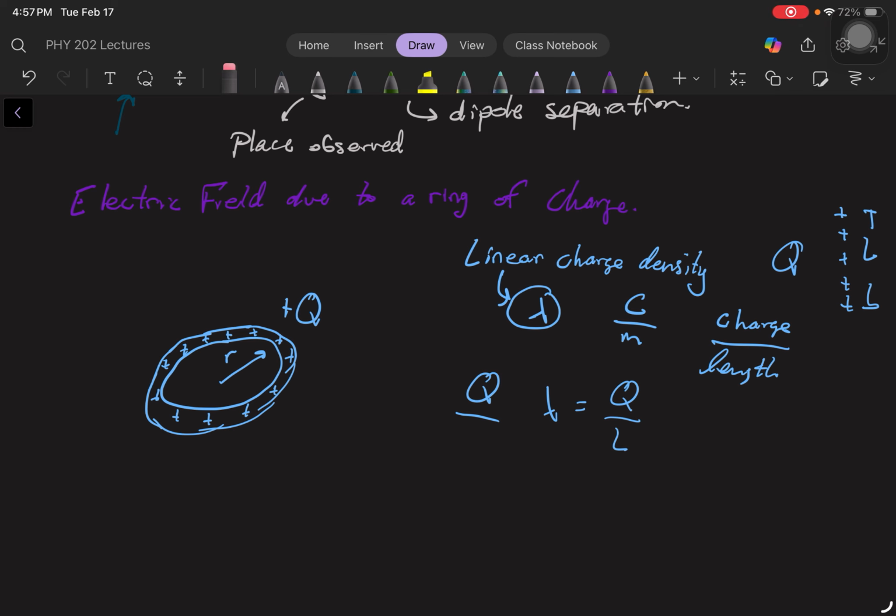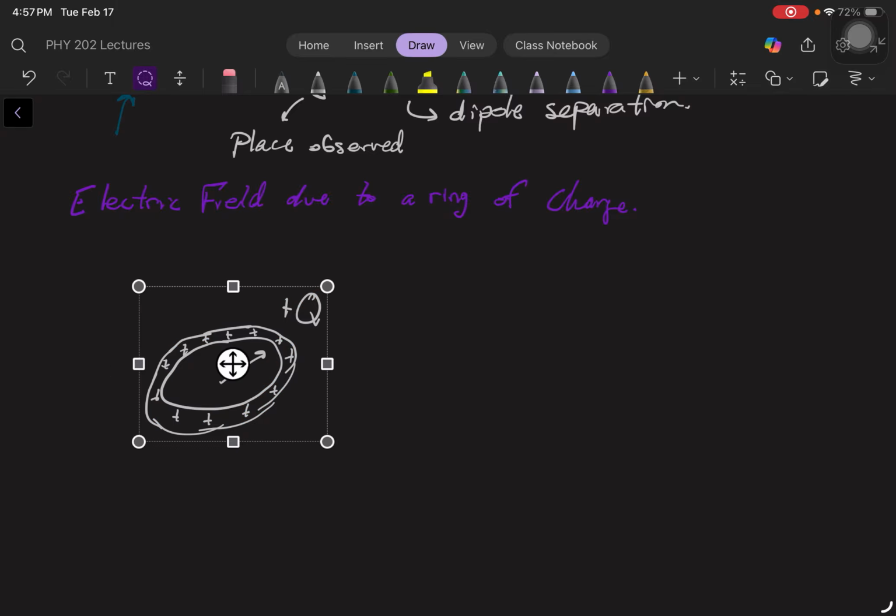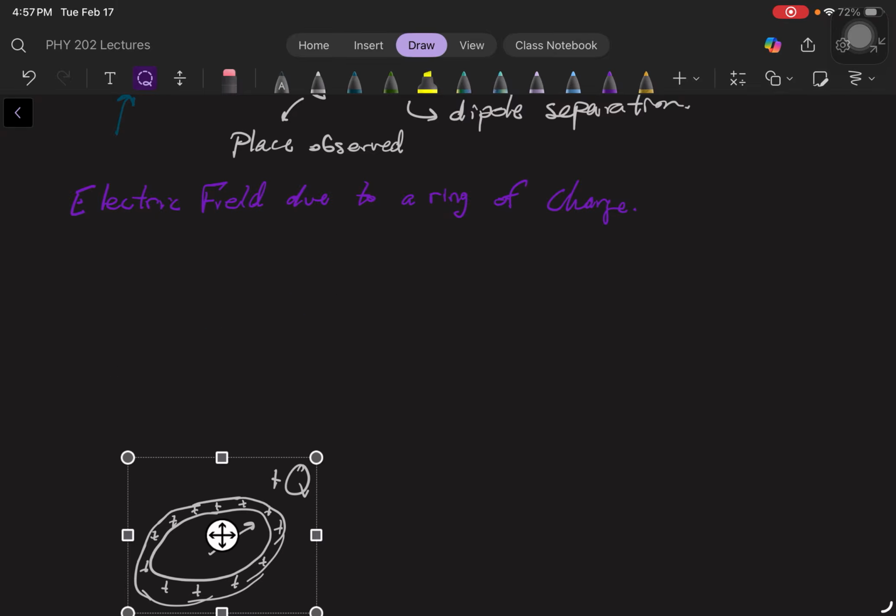So we'll go ahead and clean this up a bit. And so let's, I guess, move this.